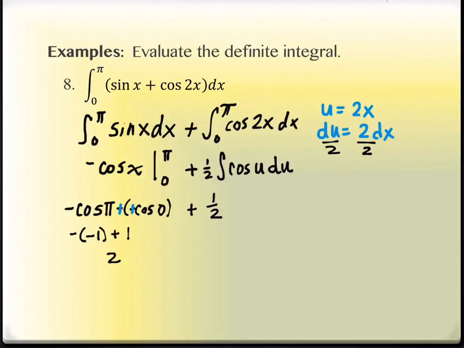What's the antiderivative of cosine of u? Sine of u. But I don't really have u. I have 2x. And I'm trying to evaluate it at pi and at 0.